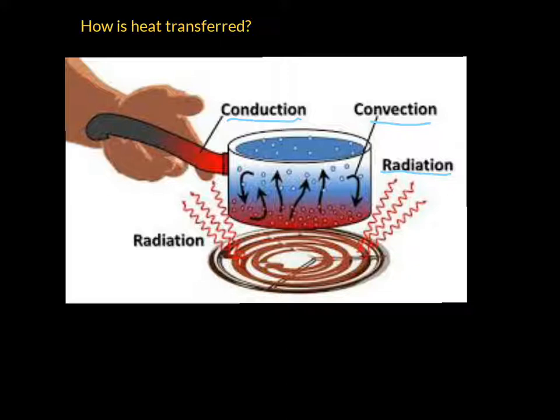And if we take the example of conduction, the hand in this diagram is about to touch the heated pot. Now, we would hope that this pot is made out of certain materials, and we know from our experience that if we touch this pot handle, if it's metal, metal does a great job of passing that heat onto our hand, which wouldn't be too good for us right then.